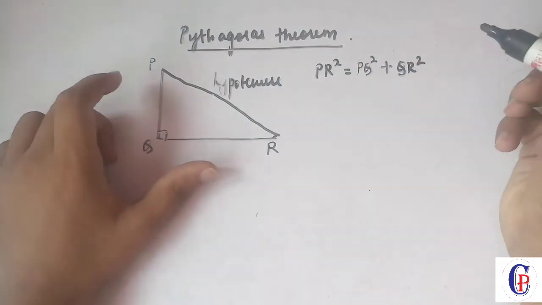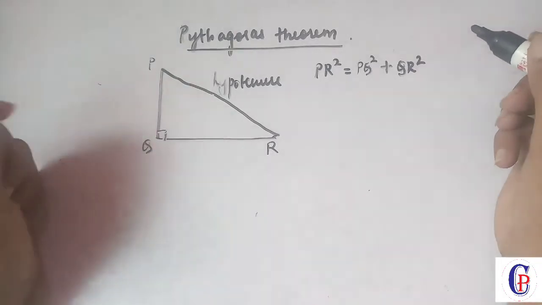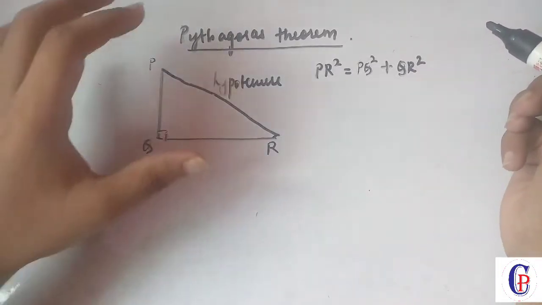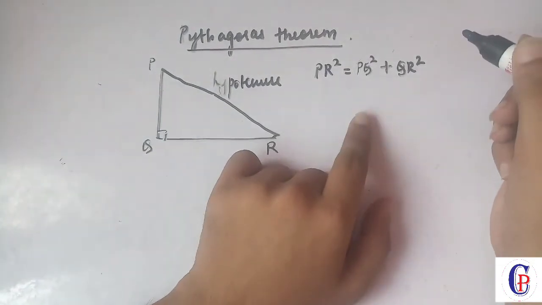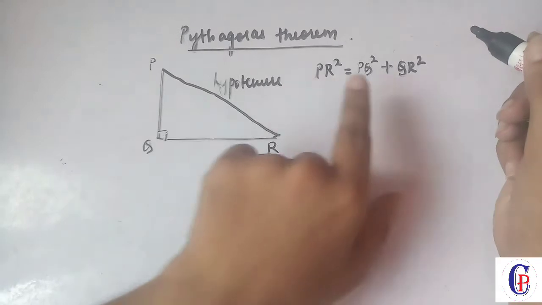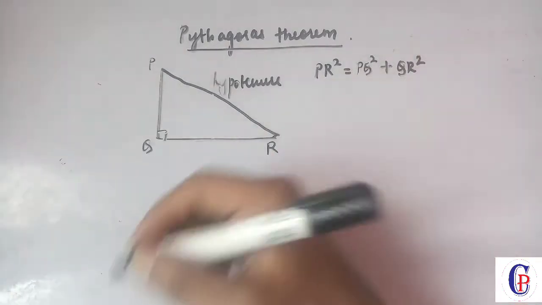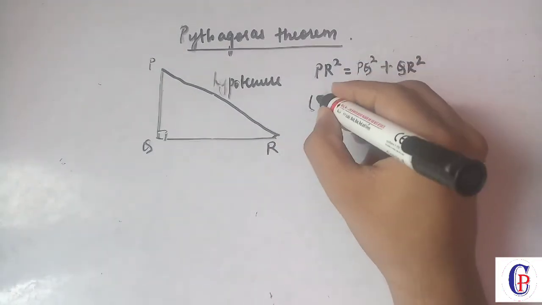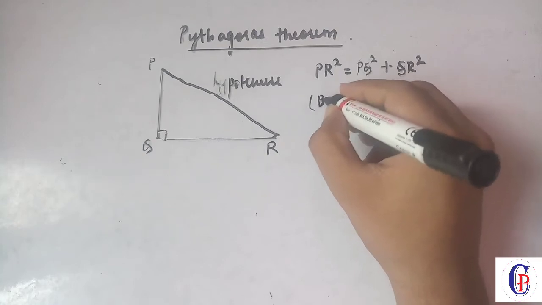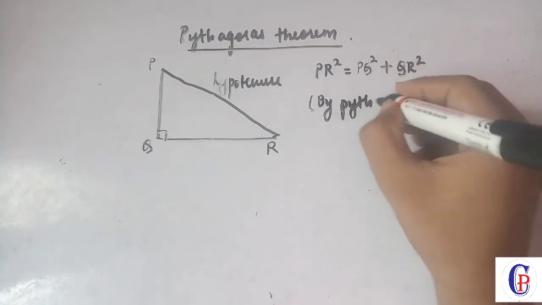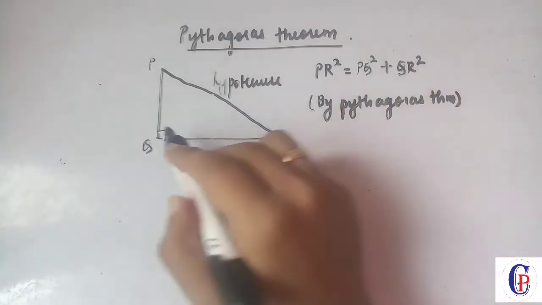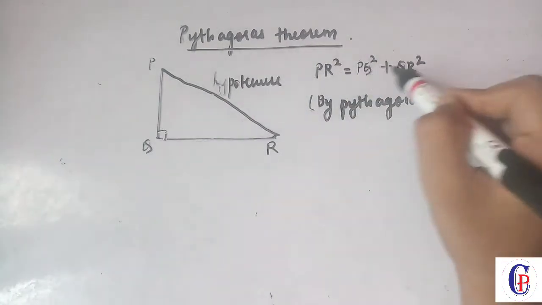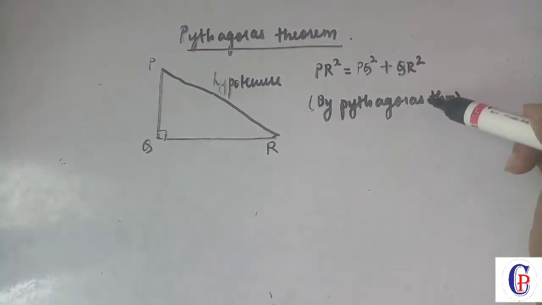So this is the Pythagoras theorem. We see the diagram and write this answer, and whenever we do this, we write the reason: by Pythagoras theorem.